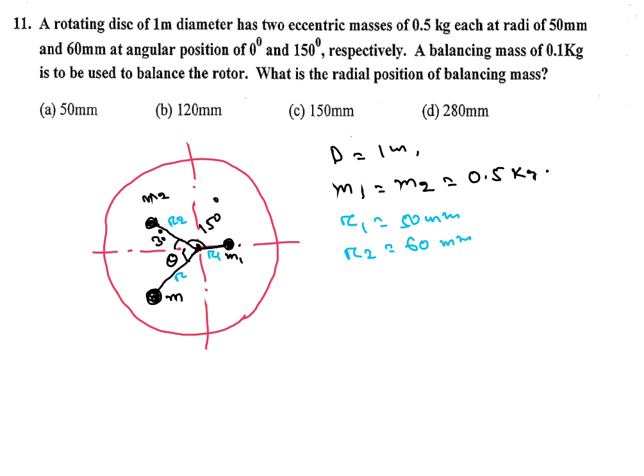And angles: theta 1 is 0 degree, theta 2 is 150 degree. So this angle is 30 degree.